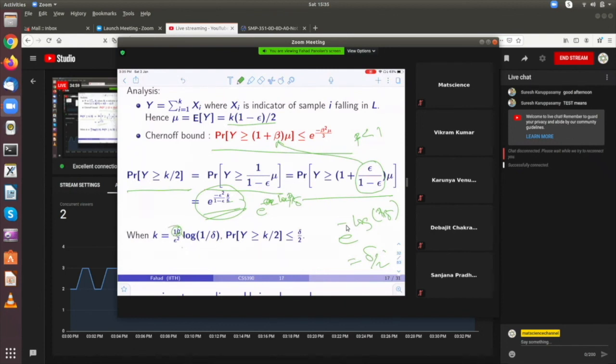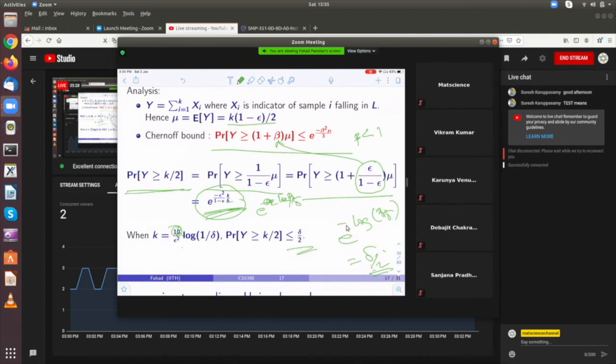Whether it is 10 or 12 or 20, it is just what constant you want here. But there should be a log 1 by delta, because e to the power minus log 1 by delta will be equal to delta. And whatever constant you want, accordingly you put that number here, and you will get delta divided by 2. So you do that simplification, and this quantity will be upper bounded by delta by 2. That's it.